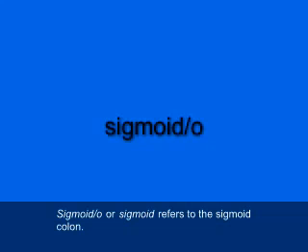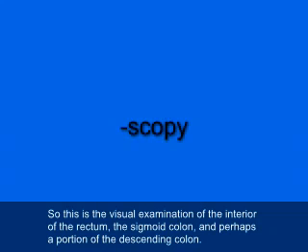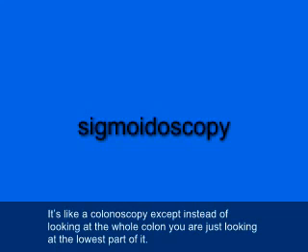Well, sigmoid or sigmoido refers to the sigmoid colon. Scopy, again, is visual examination. So this is a visual examination of the interior of the rectum and the sigmoid colon, and perhaps a portion of the descending colon. It's like a colonoscopy, except instead of looking at the whole colon, you're just looking at the lowest part of it.